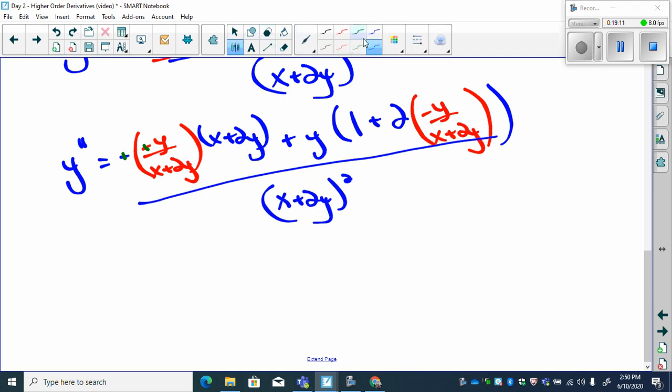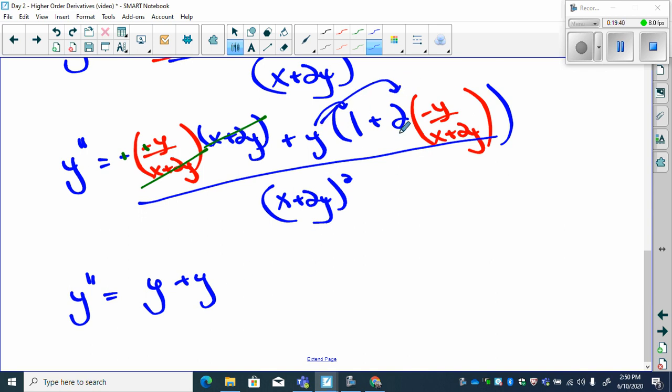Okay, so the good news, this will cancel this, and I will be left with y prime equal to, that's just y. Y over x, y divided by x plus 2y times x plus 2y. Well, the x plus 2y's cancel, it leaves a y. Okay, this is going to give me a plus y.